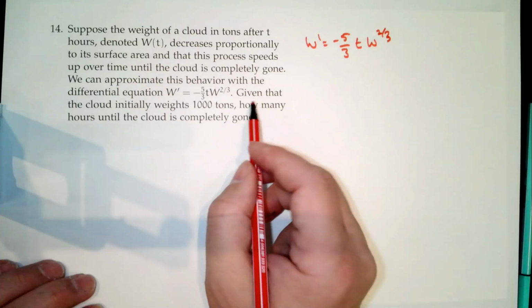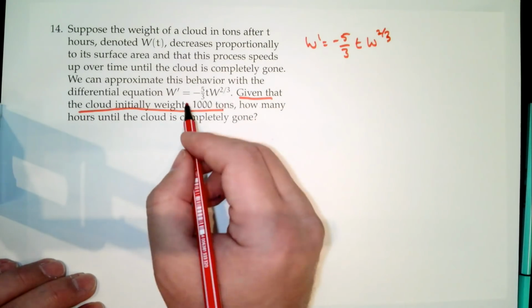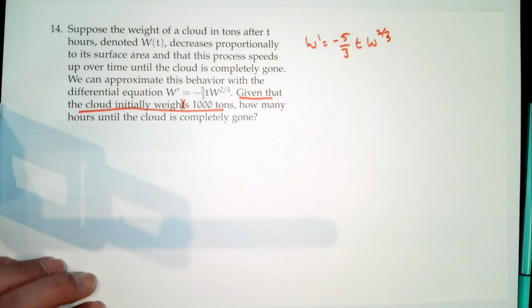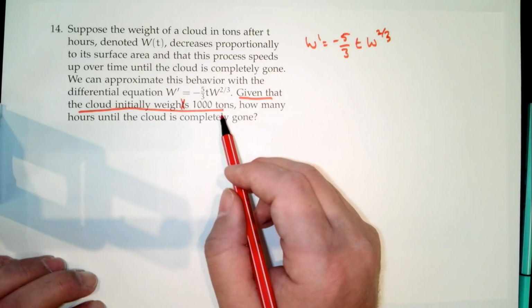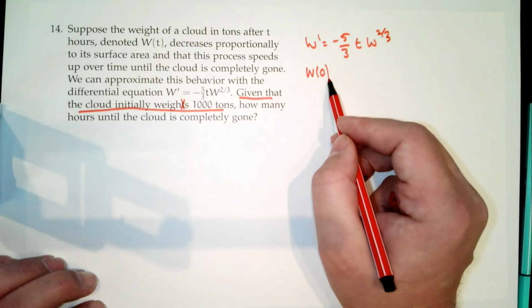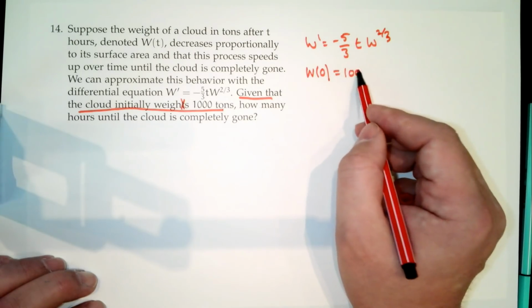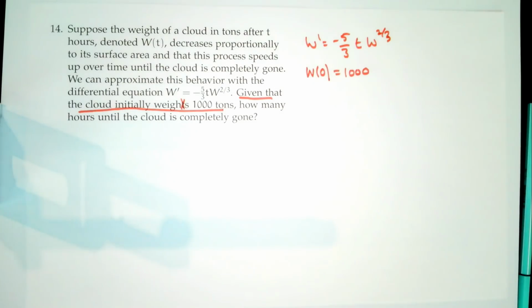Now we have to figure out this information. Initially weighs 1,000 tons. What does this mean? So initially, at time 0, we are 1,000. How many hours until the cloud is completely gone? What am I looking for?